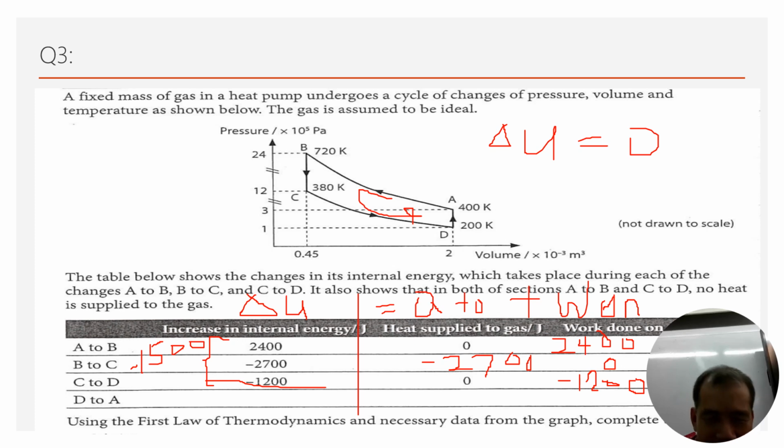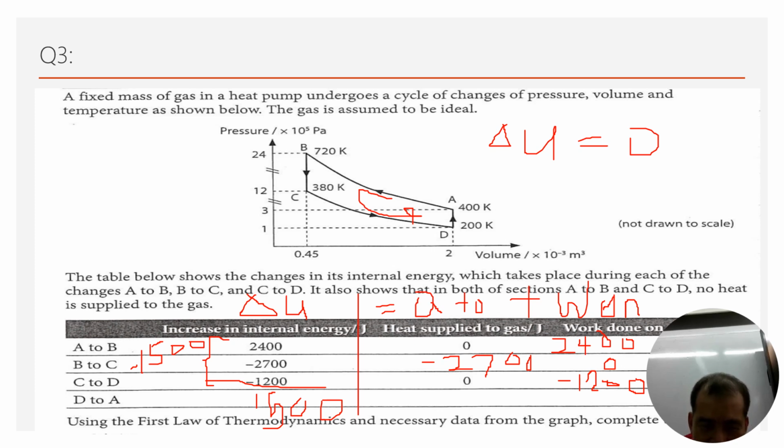Now, to add to this minus 1005 to make it 0, this D to A must have an increase in internal energy of 1005, positive. So D to A, this must be 1005 to cancel away the negative 1005 before, to make it 0.